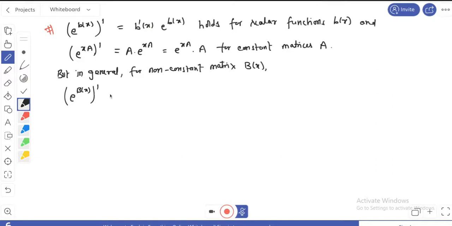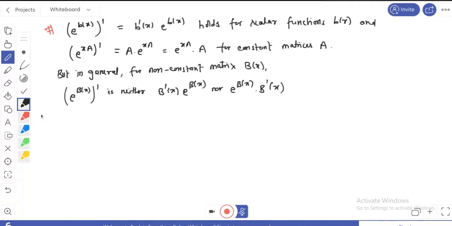So if you take this, okay, we can write this is neither b prime e to the power bx, okay, nor in this form. Okay, so if this is a matrix, then this condition doesn't hold. This means this is not equal to that thing and that thing.